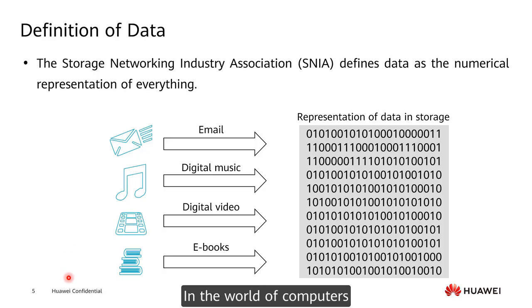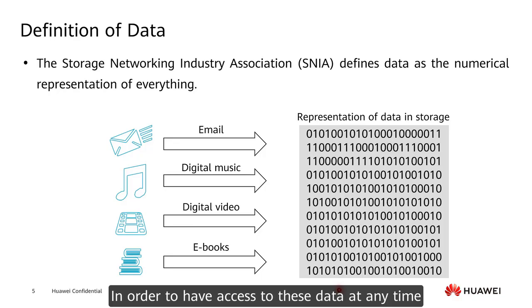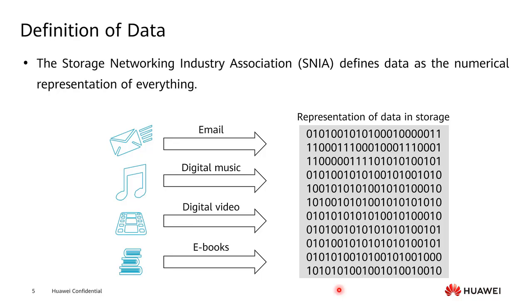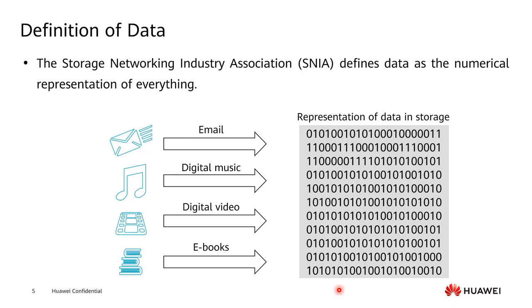In the world of computers, data is stored as binary data, that is, 0 and 1. In order to have access to this data at any time, we need to store this binary data in one place, which is what we will introduce in this chapter, storage.